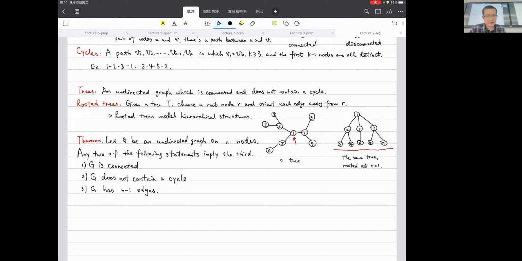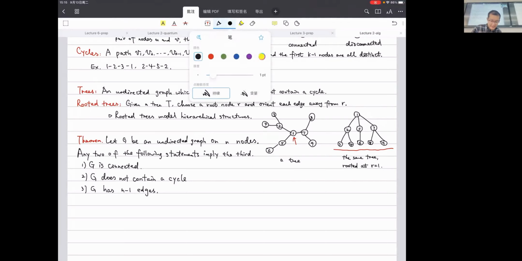So any two of the following statements imply the third. If we put the first and second conditions together, that's the definition of trees. But a sharp discussion here is that G has n-1 edges. Let's take a look at this graph as an example.